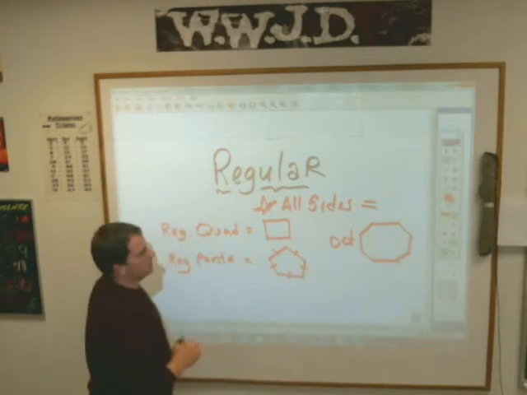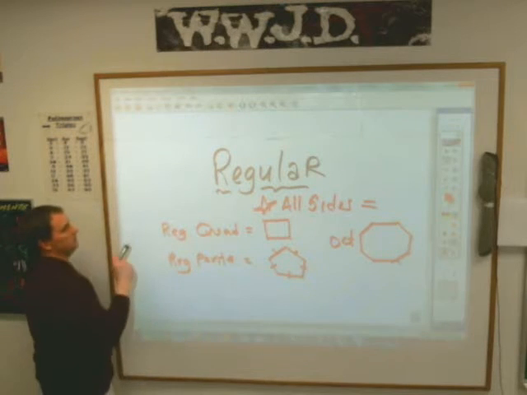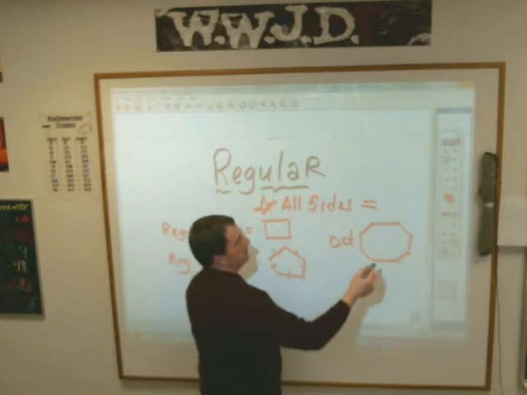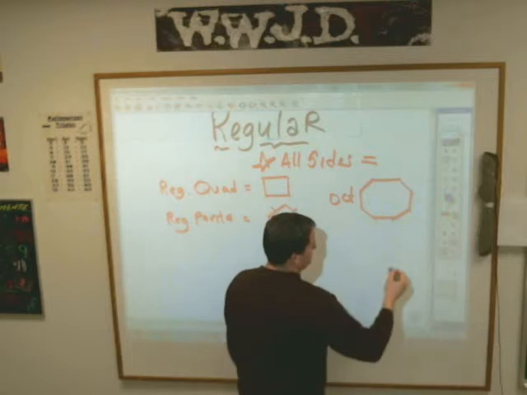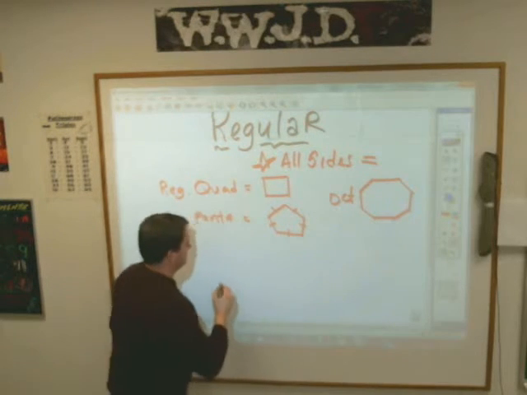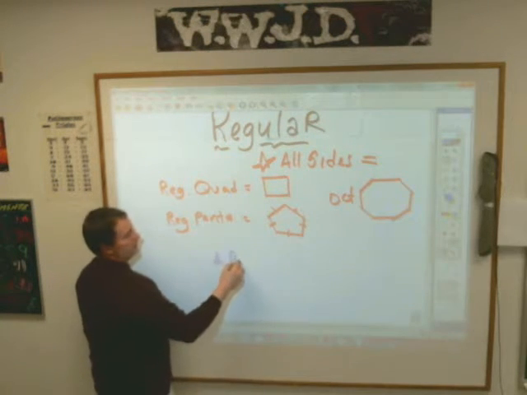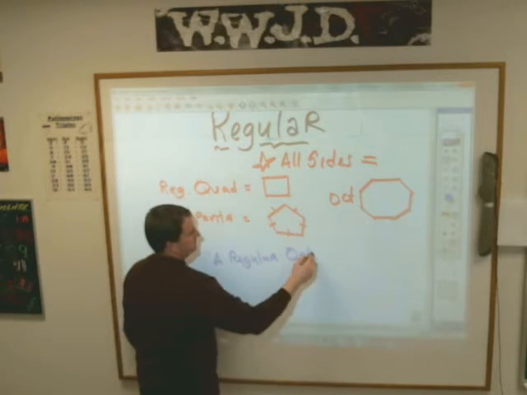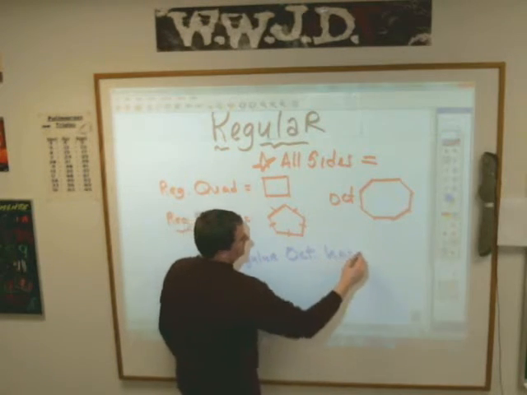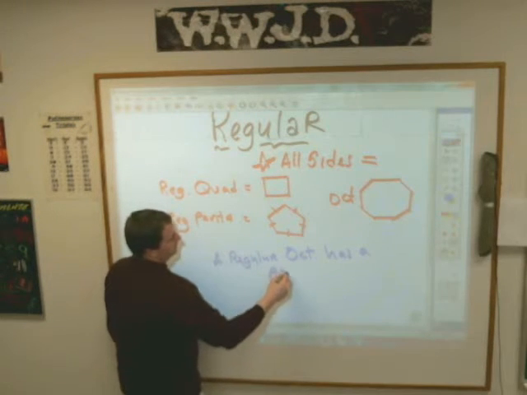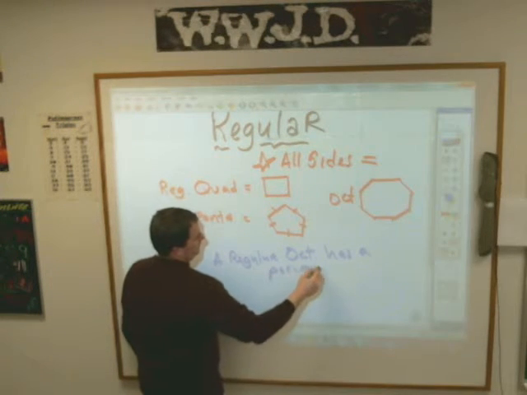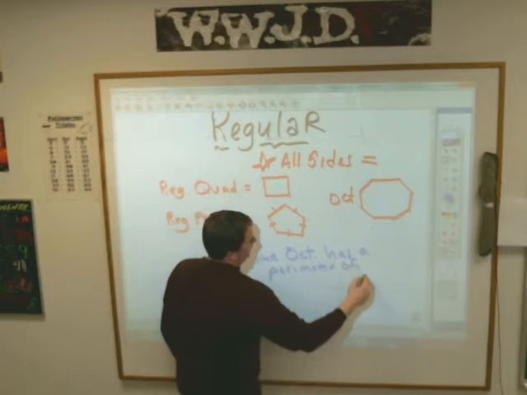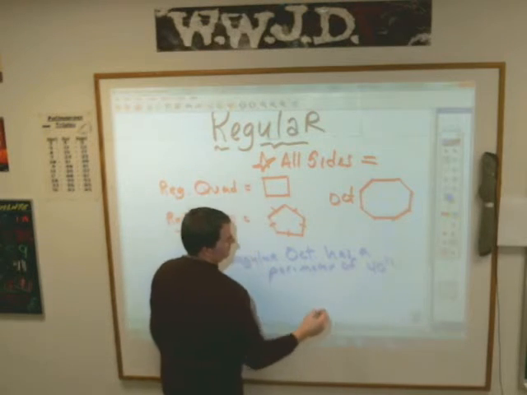Okay. Because what the book will do, they will say this to you, and you have to use your 6th grade knowledge. They'll say a regular octagon has a perimeter of 40 inches.